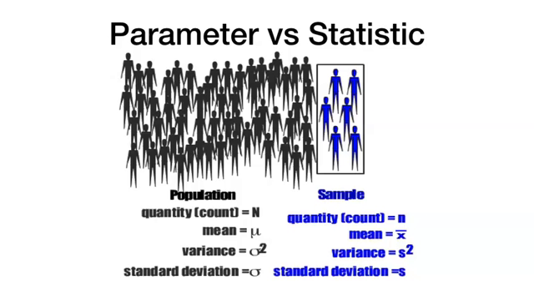For example, percentage of voters in Kedah who think the government is doing a good job to control unemployment among fresh university graduates. As for statistic, it tells you a numerical characteristic of the sample data such as mean, standard deviation, variance, and estimates the corresponding population parameter.